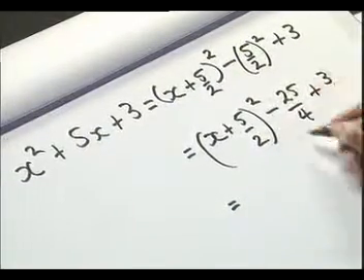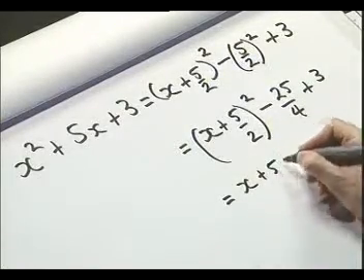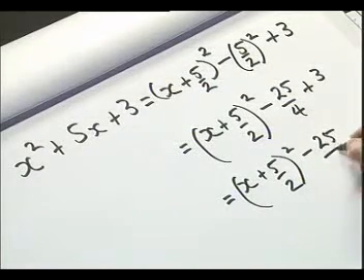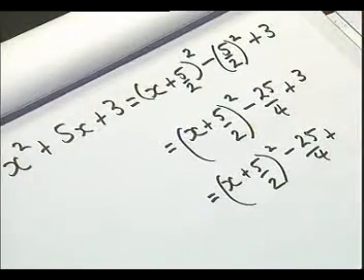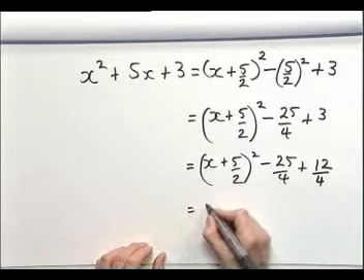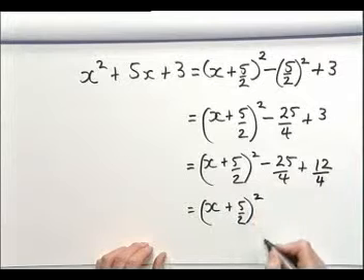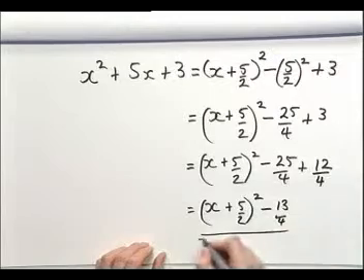And of course, we'd like to combine these numbers at this end. (x plus 5 over 2) all squared minus 25 over 4 plus, now we need to convert these to quarters as well. So 3 is 12 quarters. And now we can combine these, since they're both in terms of quarters. (x plus 5 over 2) all squared minus 13 over 4. And we'd leave it like that.